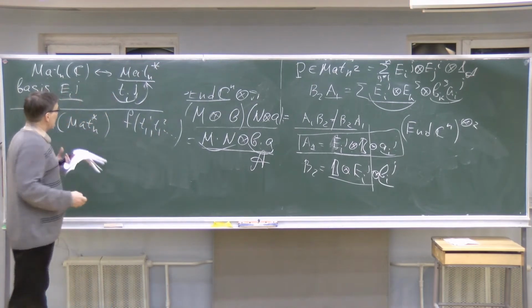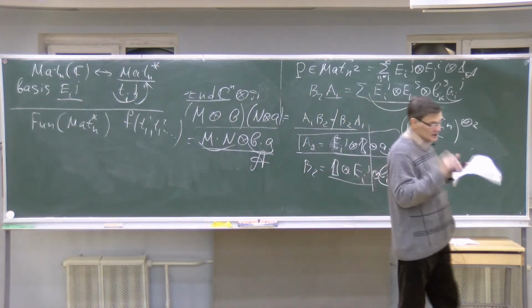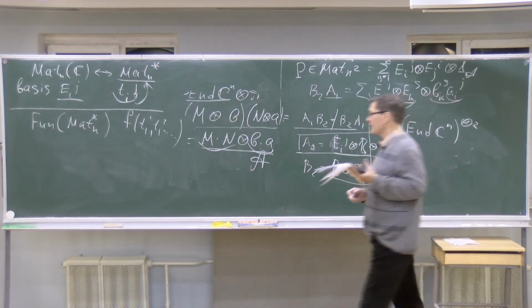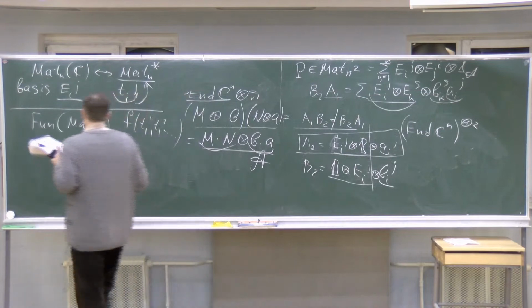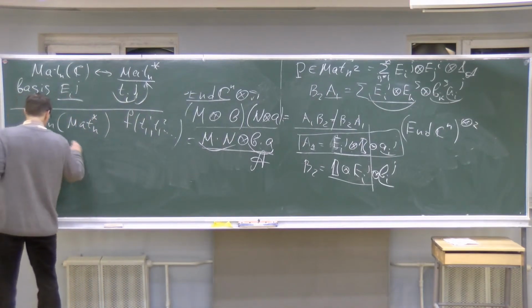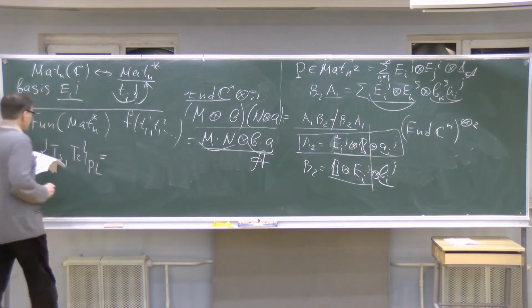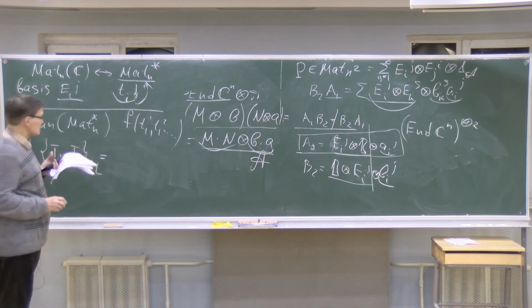And I will restrict myself to the polynomial functions. It will be sufficient for me. And then we defined the Poisson-Lie structure connected with the GLN Lie algebra.